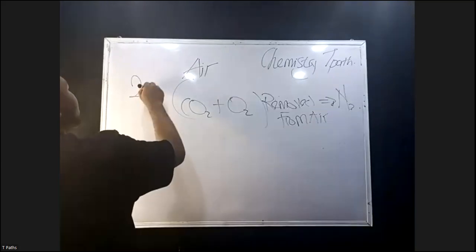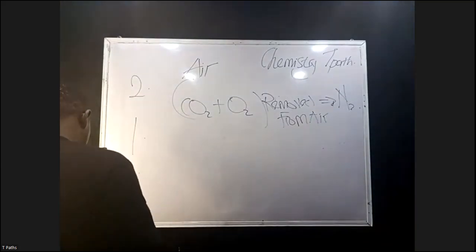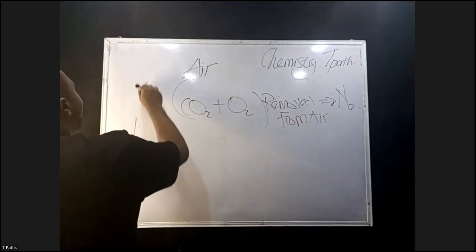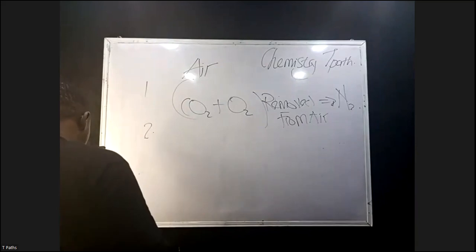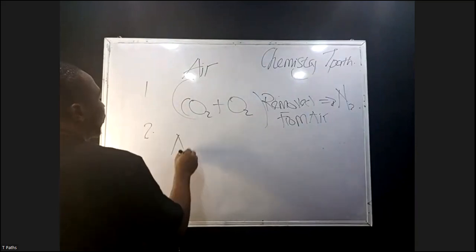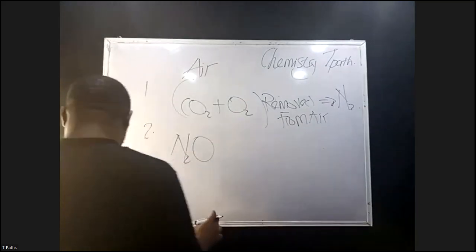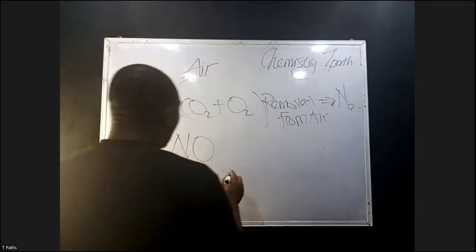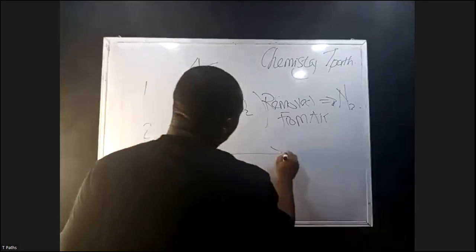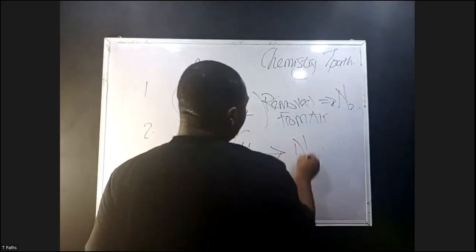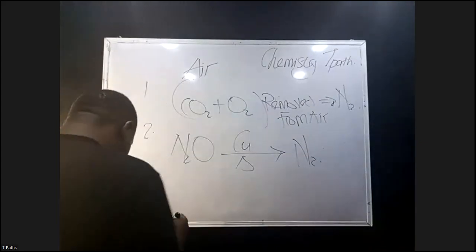And this is sample 2. Sample 2 is prepared by passing purified nitrogen oxide over heated copper to get what? N2.